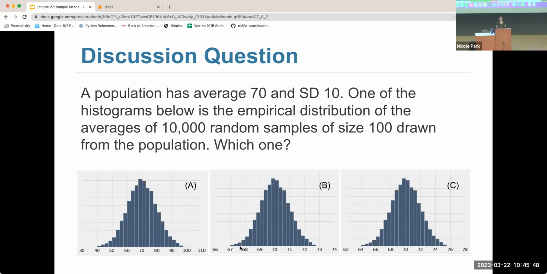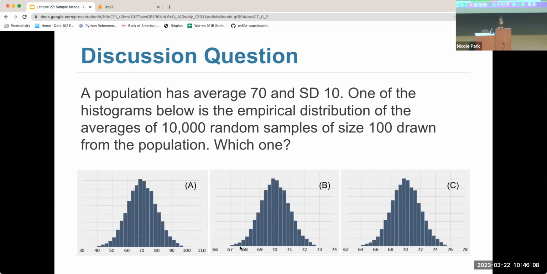Okay, I only saw A's and B's. A would be a standard deviation of 10. That's not right. That's the population standard deviation. The correct answer is B. You'll see that the point of inflection in B is around 71 and 69, because one standard deviation looks like 1.